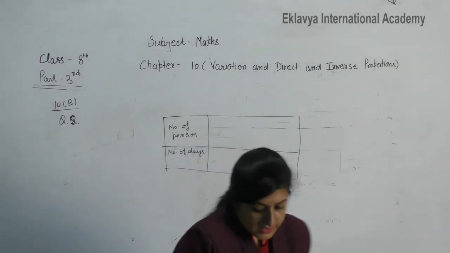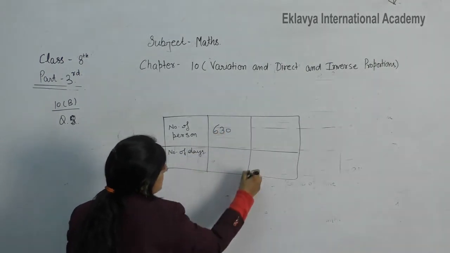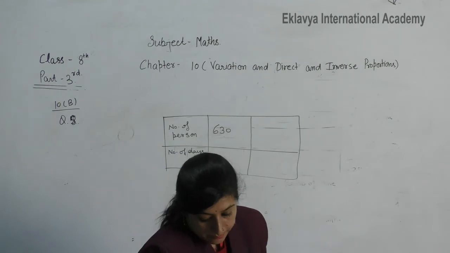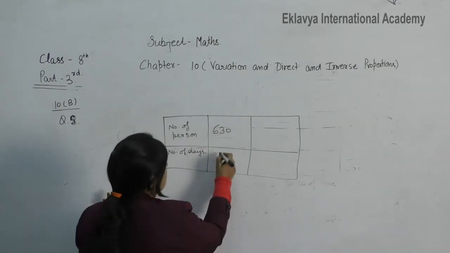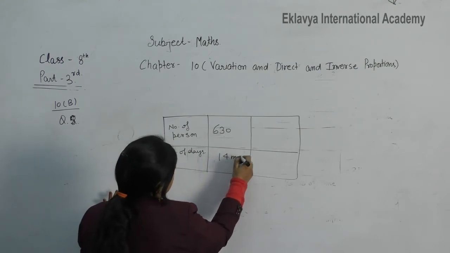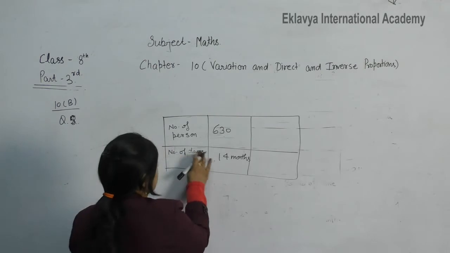When the number of persons is 630, a contractor has 630 persons working, they are completing a portion of the stadium in 14 months. That stadium takes 14 months to complete. Number of months we can write down.